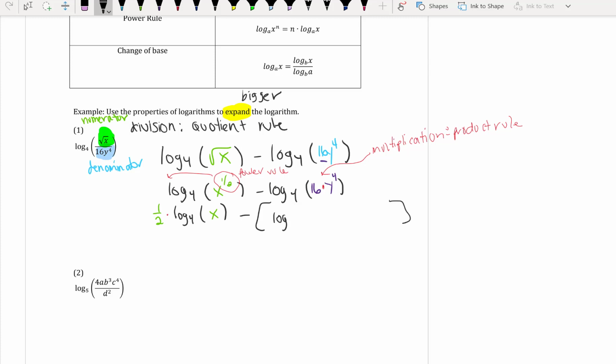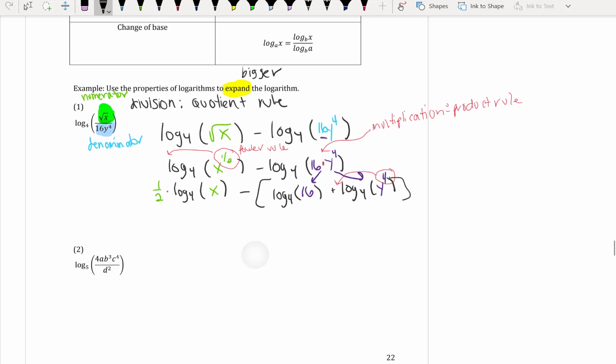I have log base 4 plus log base 4. So here I have the 16, and over here I'm going to have y to the 4th power. And don't forget that 4 is going to come out in front as the power rule.